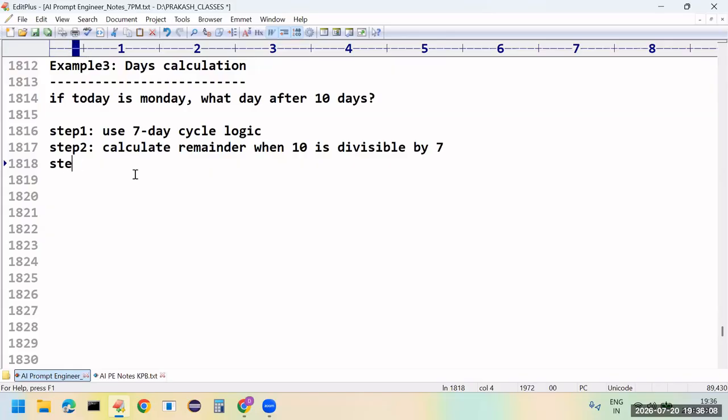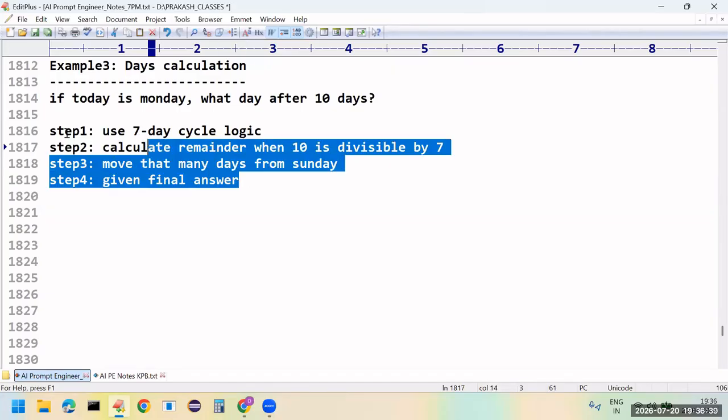Step 3, move that many days from Sunday. Because if today is Monday, how many days will you get from Sunday? Just add that remainder value and automatically you will get the answer. Step 4, give the final answer.